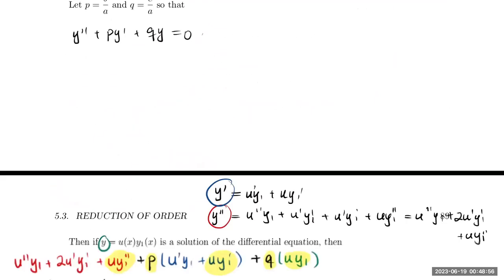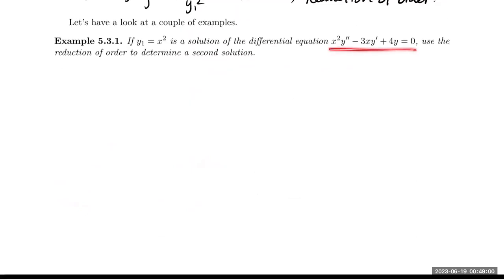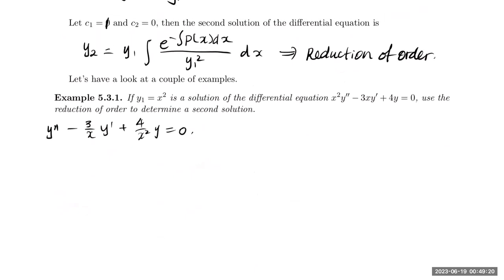So let's go ahead and rewrite this into the form that we would want. That means dividing both sides by x squared. So y double prime minus 3 divided by x y prime plus 4 divided by x squared y equal to 0. Now, remember that p(x) is the only thing that we would want here.